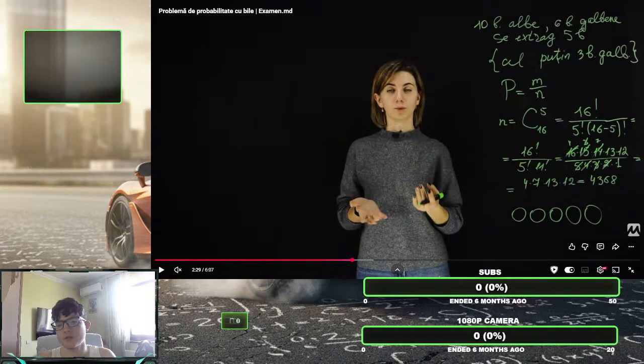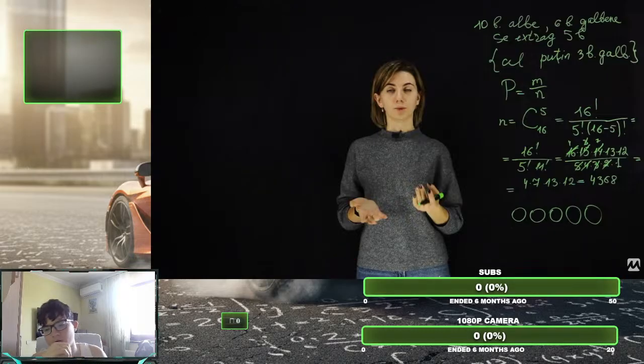Now we just write down 5 circles representing the 5 balls we're taking. Like I said, favorable cases should be at least 3 yellow balls taken out of the 6 that are available. So we just have to write down every case.